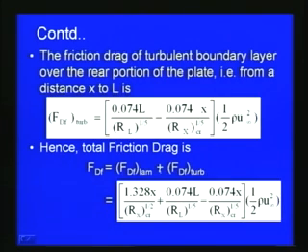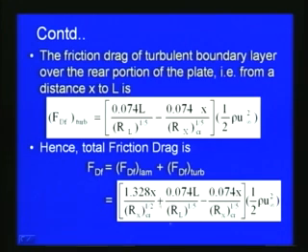We have already seen the frictional drag for the laminar case, with respect to Rx critical. So, FDF laminar is equal to 1.328 into x divided by Rx critical to the power 1 by 2, plus 0.074 L divided by RL to the power 1 by 5 minus 0.074 into x divided by Rx critical to the power 1 by 5, into half rho u infinity square.